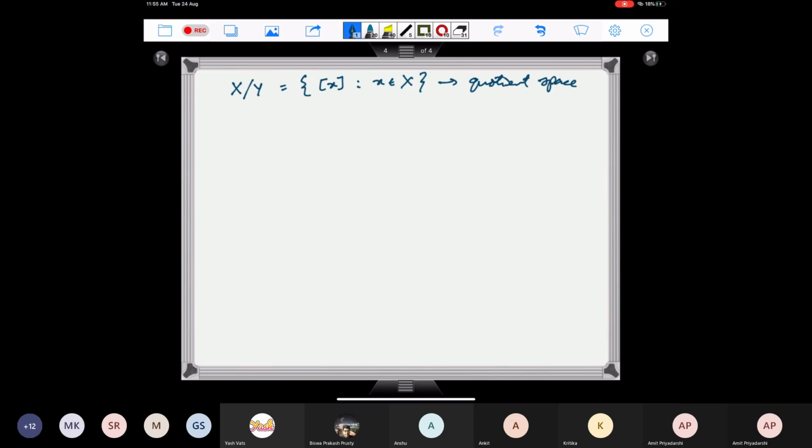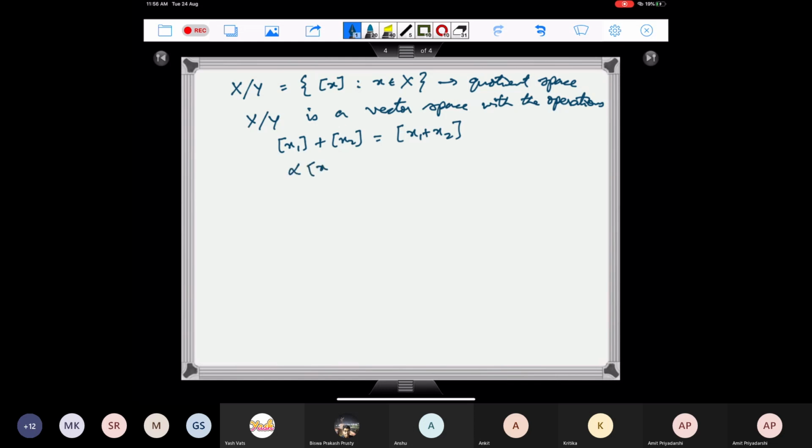And you can define a vector space structure on this. So V mod W is a vector space with the operations: the coset of x1 plus the coset of x2 is the coset of x1 plus x2, and alpha times the coset of x is the coset of alpha x.